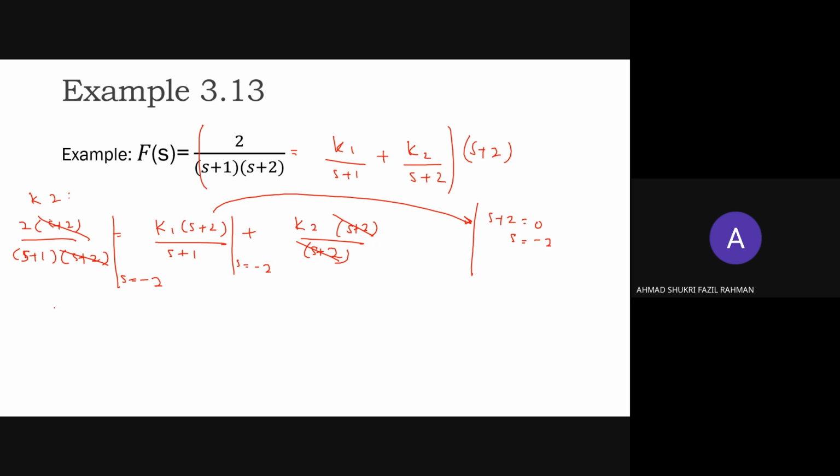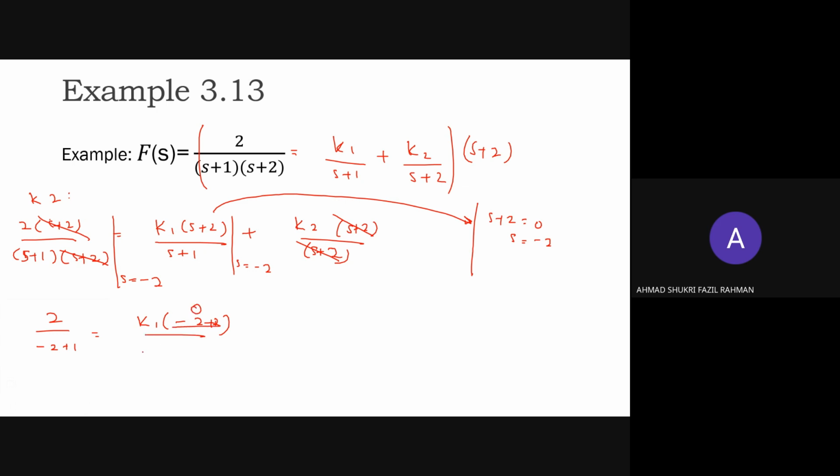So for the rest, we get 2 over minus 2 plus 1. For K1 times minus 2 plus 2, you can see minus 2 plus 2 becomes 0.